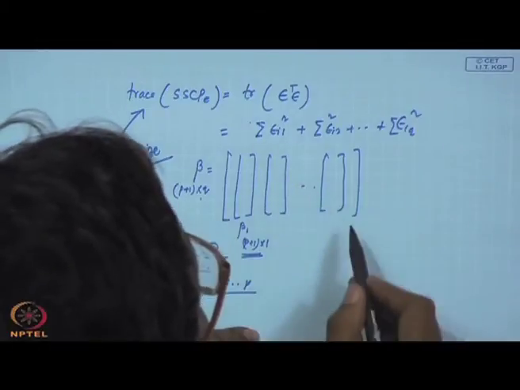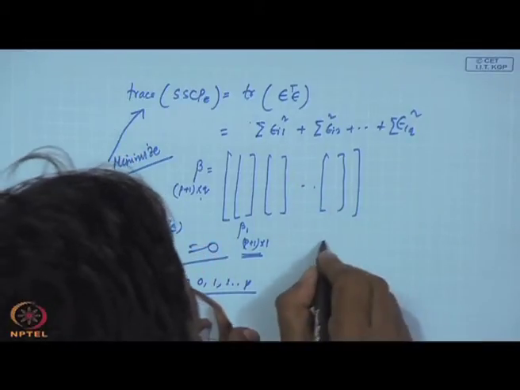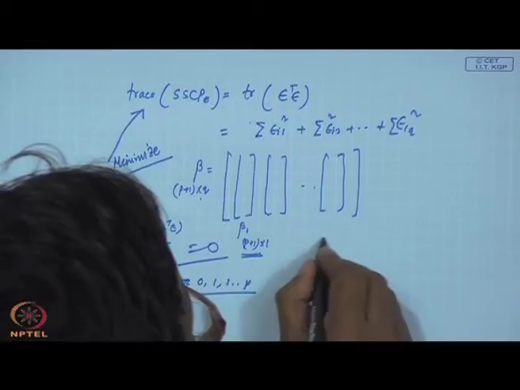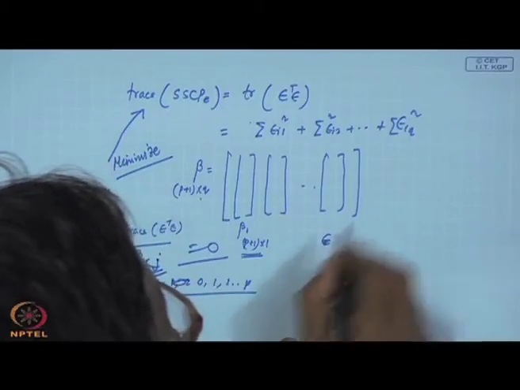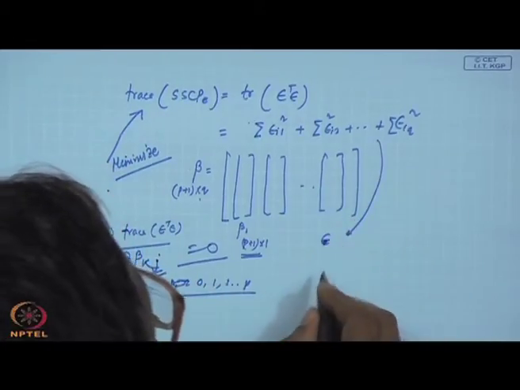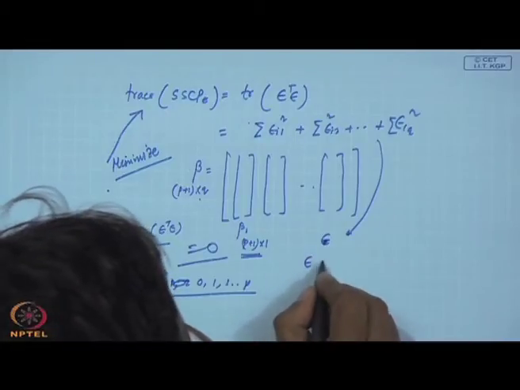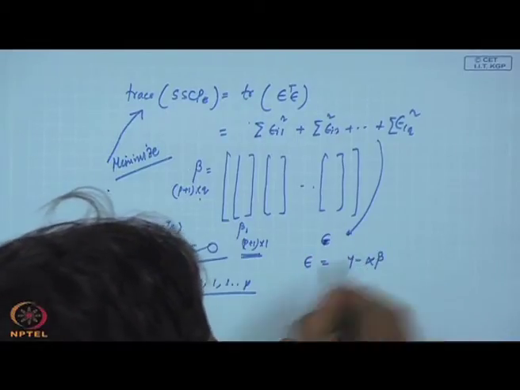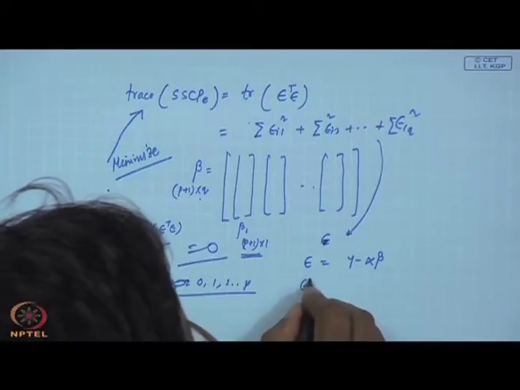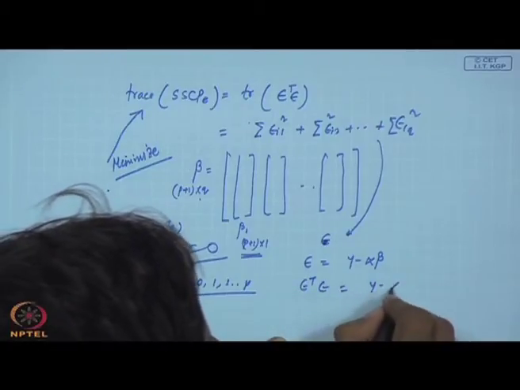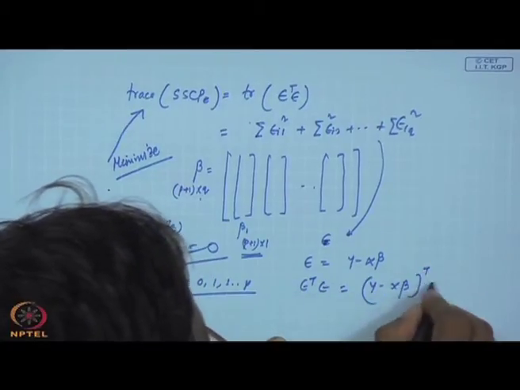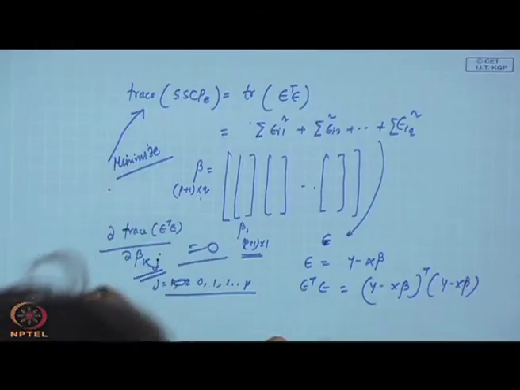So, actually what will happen is, epsilon is y minus x beta. So, epsilon transpose epsilon is (y minus x beta) transpose (y minus x beta).